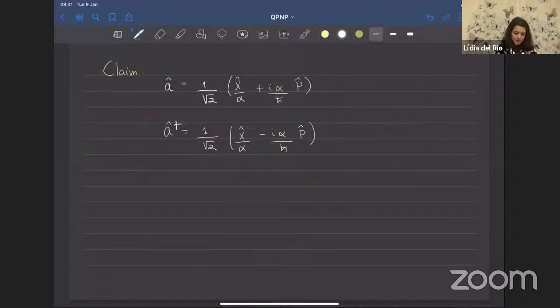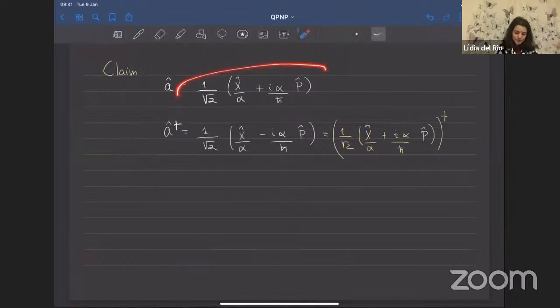Because note that we can get it directly from above by taking the complex conjugate, right? Because p equals p dagger. Good. So then we only need to prove this relation here, so we just do it.